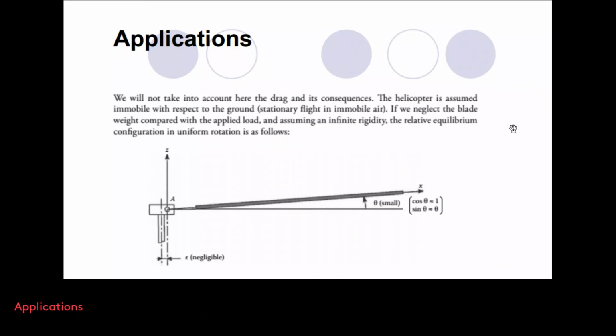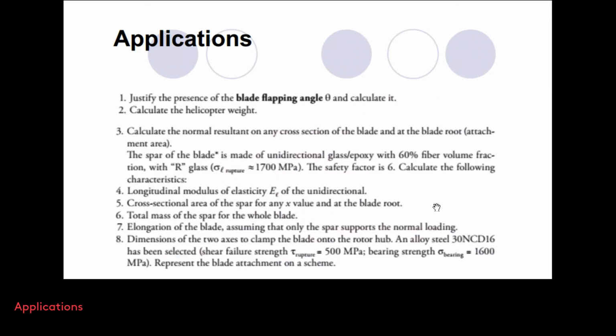If we neglect the blade weight compared with the applied load and assuming an infinite rigidity, so it's non-deformable, the relative equilibrium configuration in the uniform rotation is as follows. So it makes a very small angle, theta. In fact, since theta is very small, you can consider that sin theta is equal to theta and cosine theta is equal to 1. Okay, because it's very close to 0.